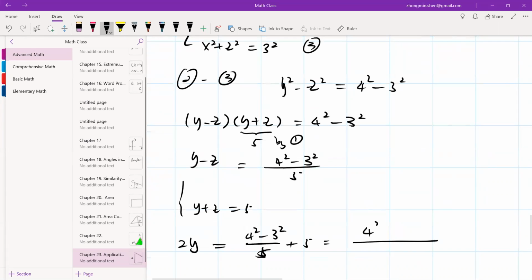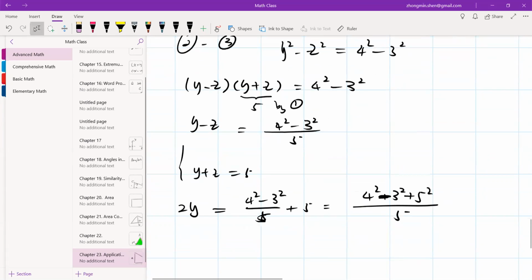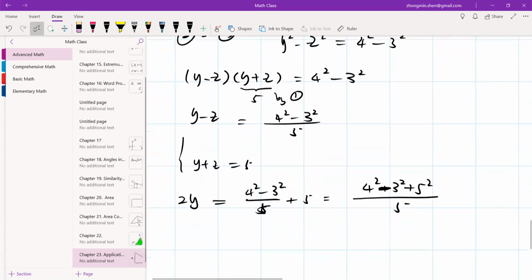So your answer is 4 squared minus 3 squared plus 5 squared over 5. I did not multiply them out for some reason. Maybe I should multiply this out.